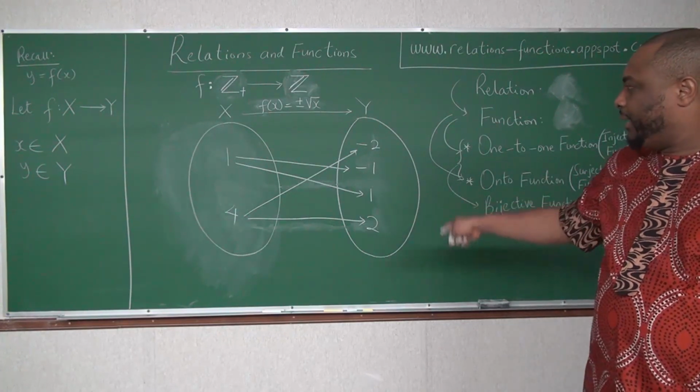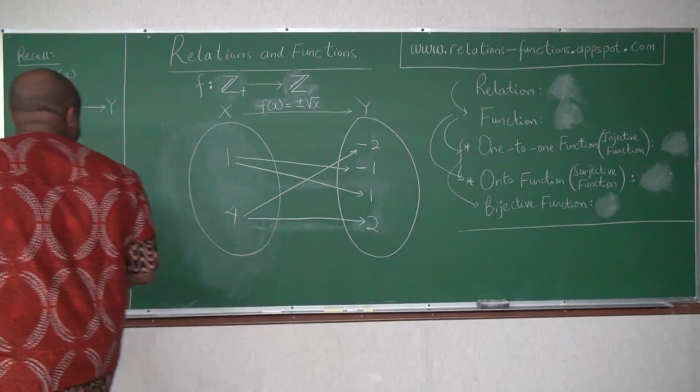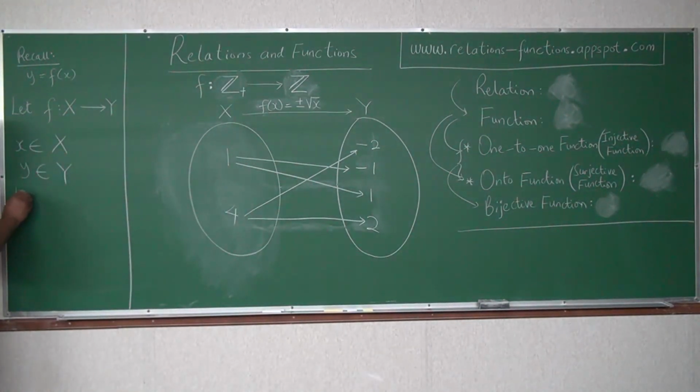The codomain, which is also the range, as you can see. Let's say here, let our domain be B, let our codomain be C, and let our range be R.